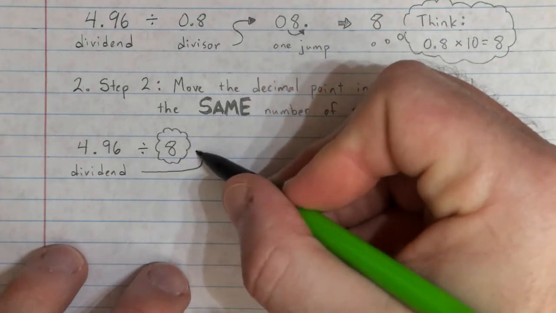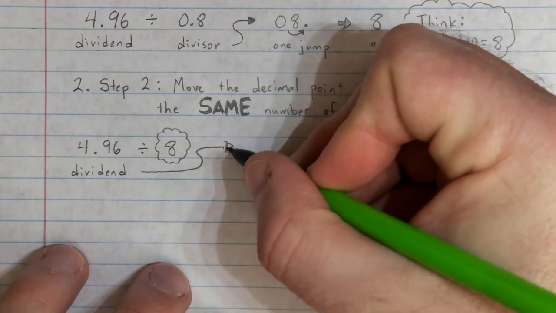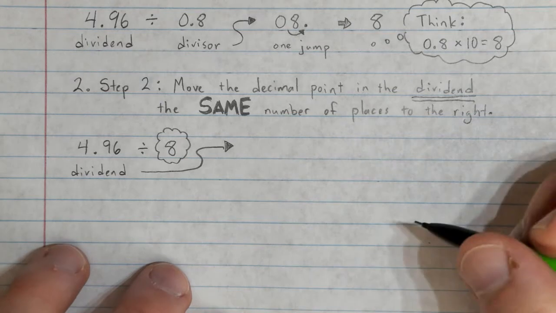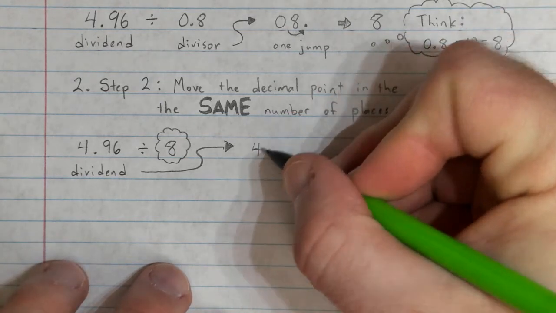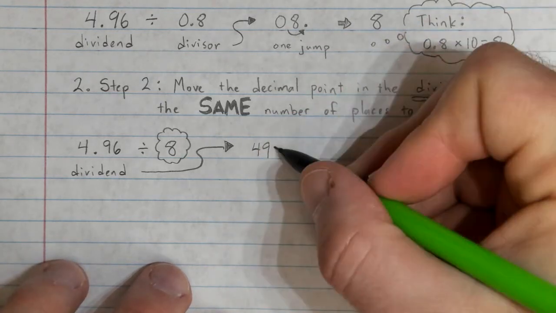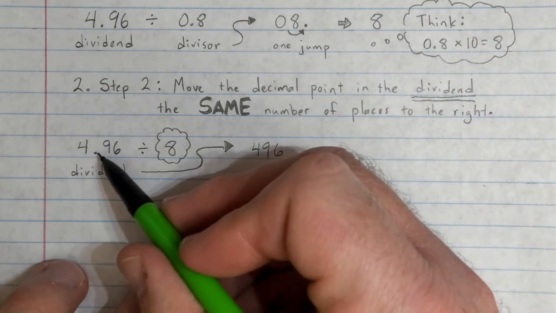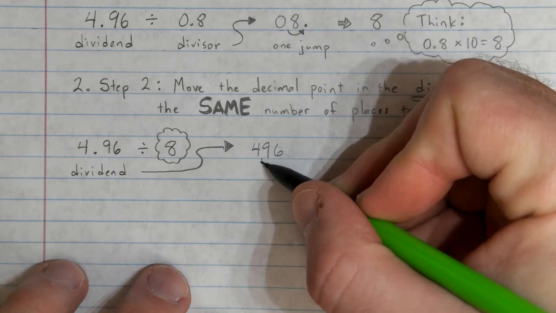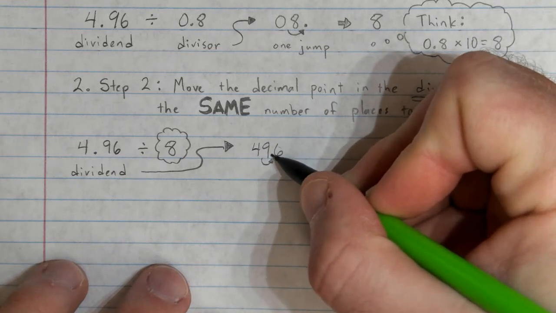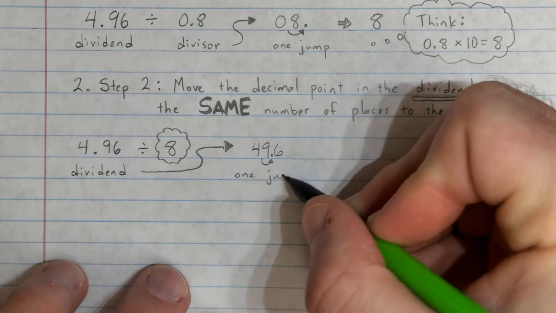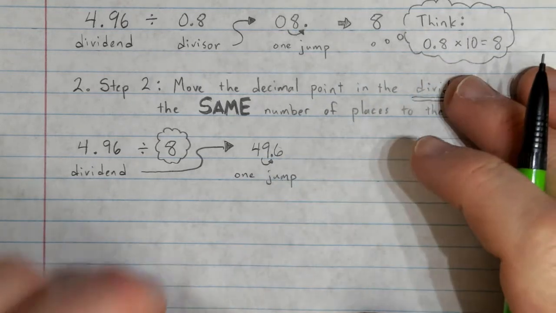So for the dividend, I'm going to do the same thing. Pencil keeps breaking. There we go. 49.6. It was originally 4.96. I am going to move the decimal over one spot. One jump only.